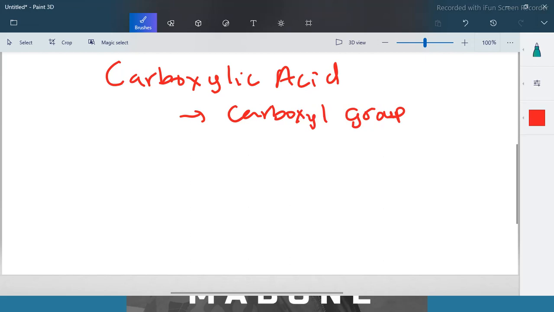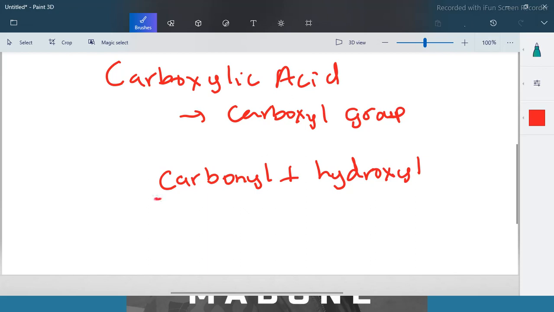A carboxylic acid, guys, is the mixture of a carbonyl group, right, plus a hydroxyl group. What is a hydroxyl group, guys? That's your alcohol. What is a carbonyl group? That's your aldehydes and your ketones. Now, how do they come up with this carboxylic? We can see that we have carbo there and we have hydro there, right?